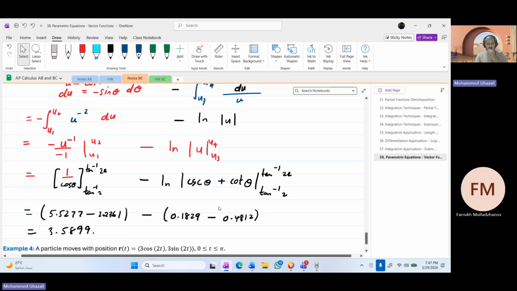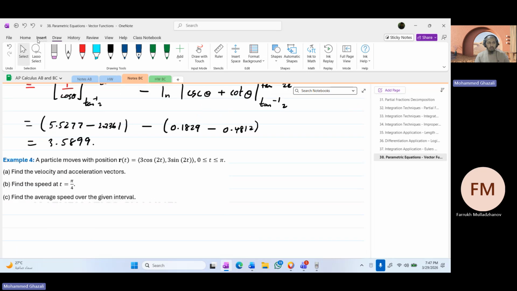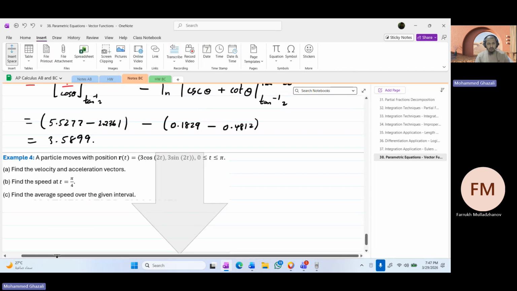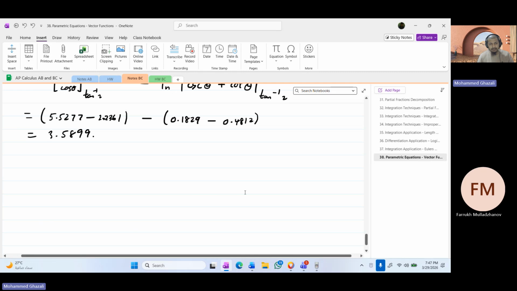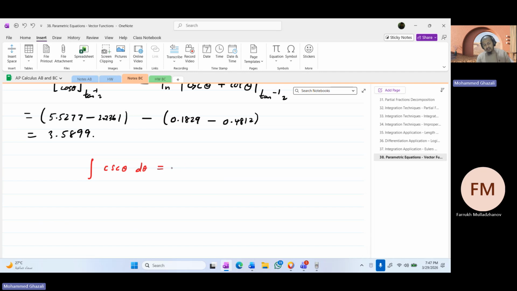Now, it's very important that I teach you something here. You've got to remember the basic rules for this integral, especially. The integral of cosec theta d theta. You need to remember the short form, and the short form is negative len cosec theta plus cot theta, plus c.